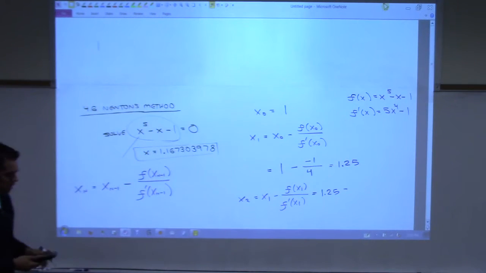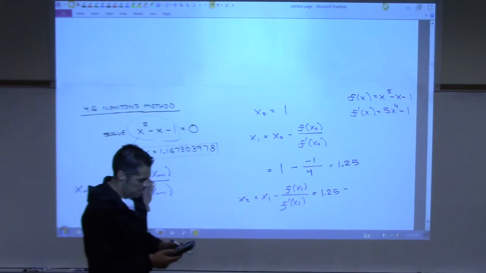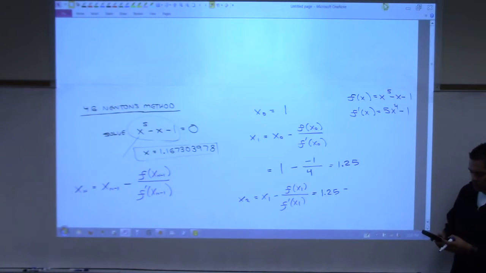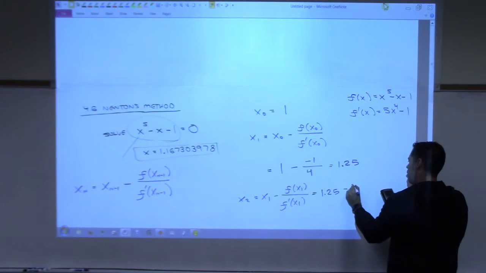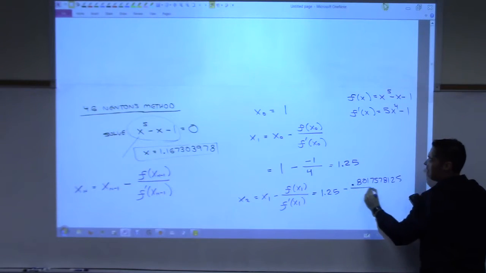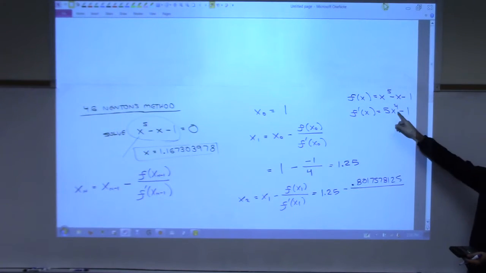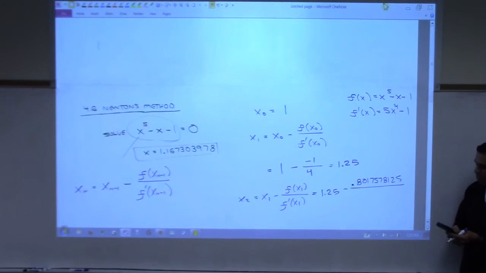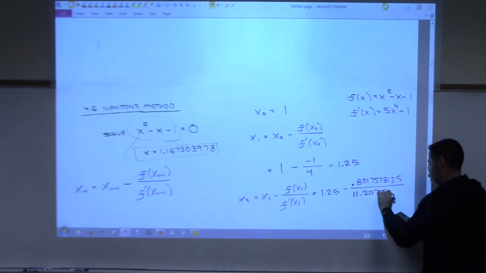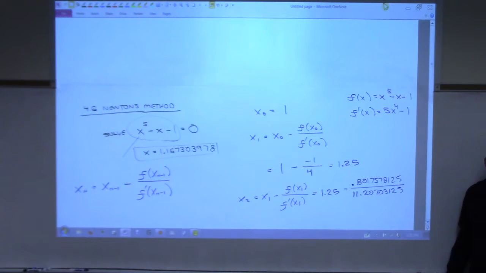I want us to see it, but I'm going to take 1.25, raise it to the 5th power, subtract 1.25, and then subtract 1. I'm getting up here 0.80175782125, something like that. And then on the bottom, I do 1.25 to the 4th times 5 minus 1. I'm getting 11.207033125. Then I divide these two.